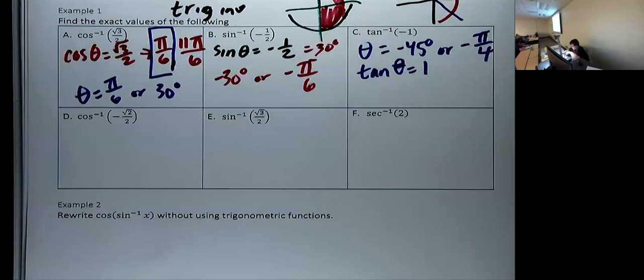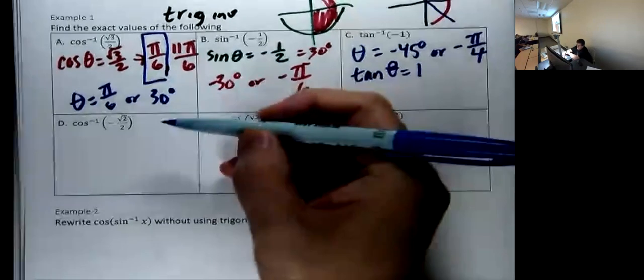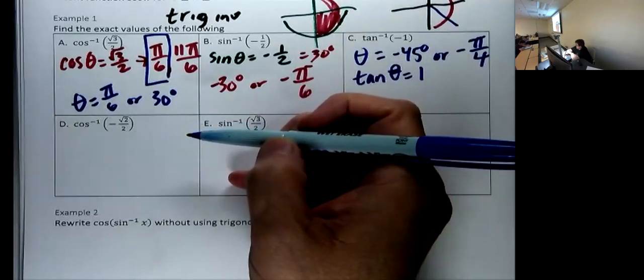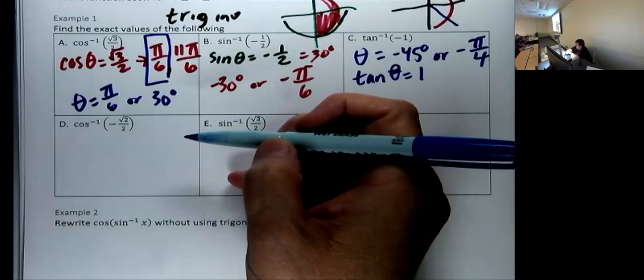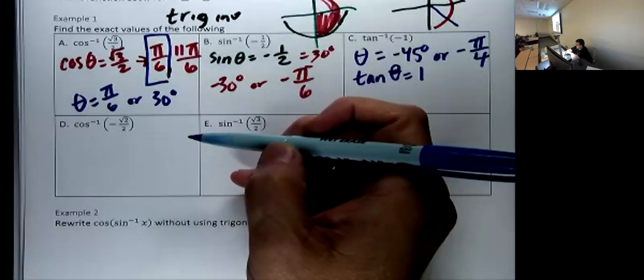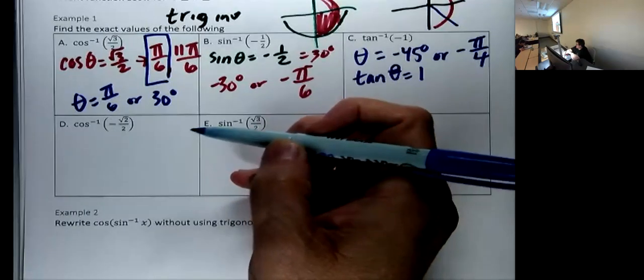All right, so how do we do on this? For D, what do I have to do on D? Who's feeling bold? Who's got the guts? You have to go backwards.